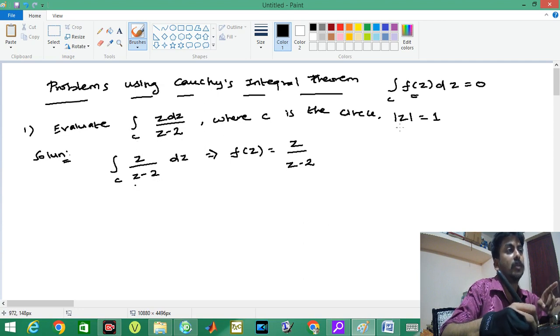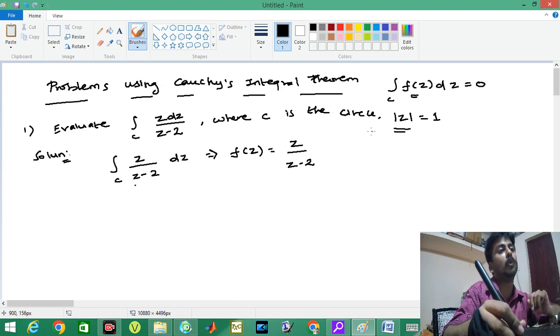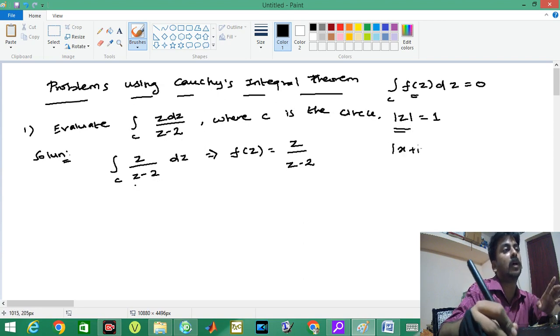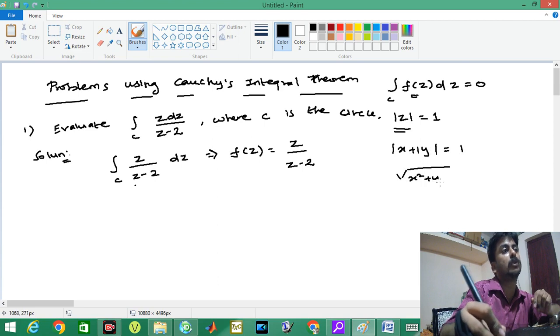They have given modulus of z equal to 1, which means modulus of x plus iy equal to 1, which means x square plus y square equals 1 square.